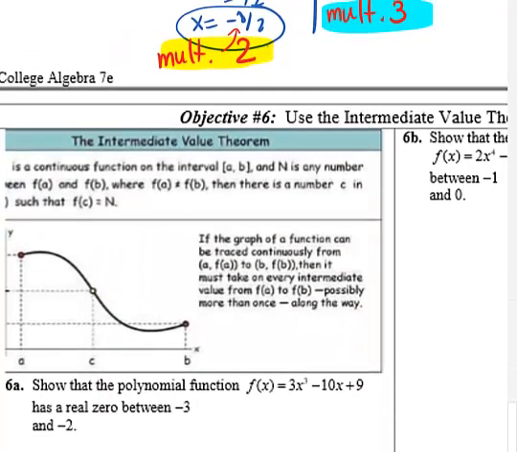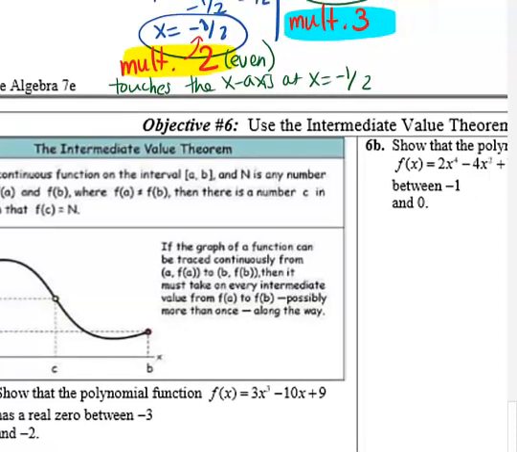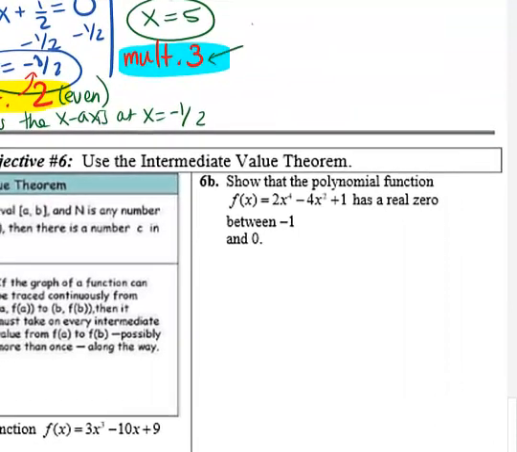This one's an even number, since 2 is even, so it touches the x-axis at x equals -1/2, but it won't cross it. And since this one's multiplicity is 3, which is odd, it'll cross the x-axis at x equals 5.